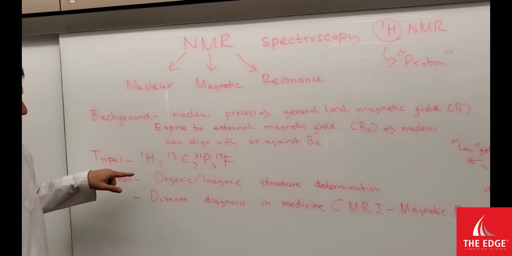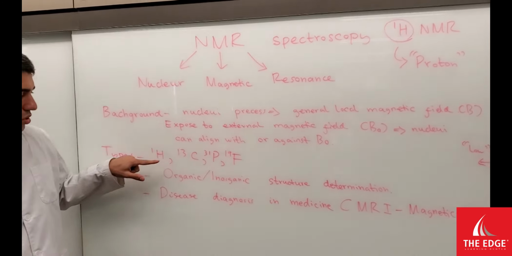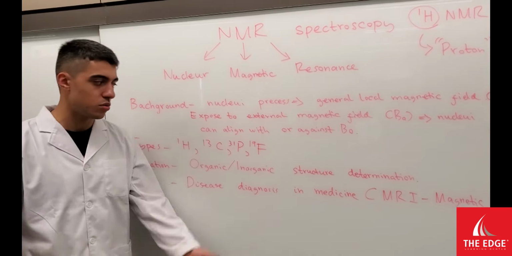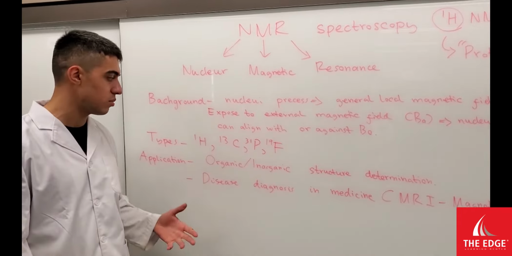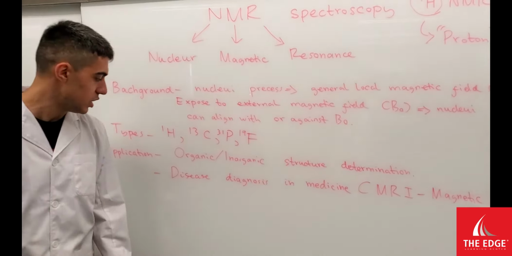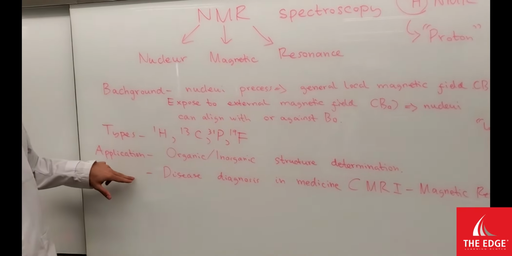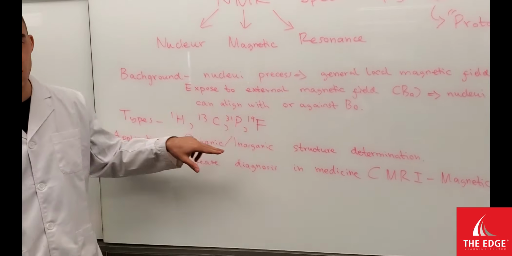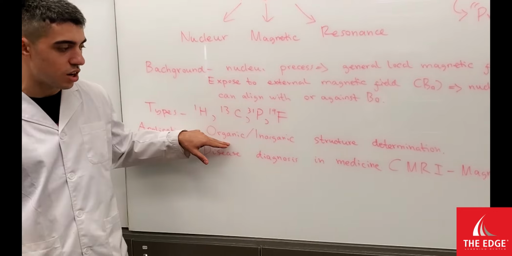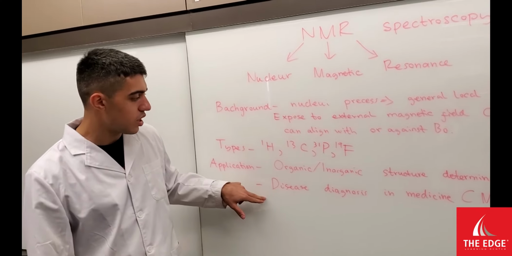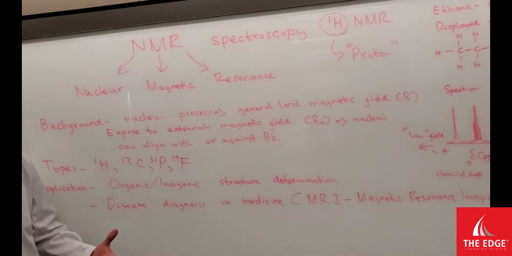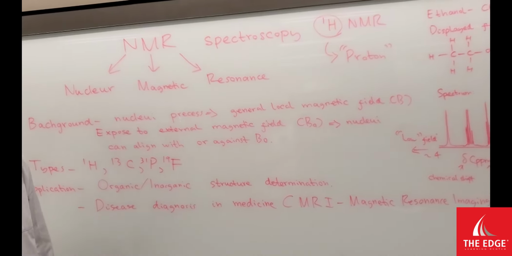In terms of the types, there are several different types, including proton, carbon, phosphorus, and fluorine, depending on what you want to look at: carbon atoms, hydrogen atoms, phosphorus, and so on. An application is structure determination of different molecules, which can be organic or inorganic. Organic just means carbon-based. It is also used for diagnosing various diseases, including cancer, multiple sclerosis, and so on.